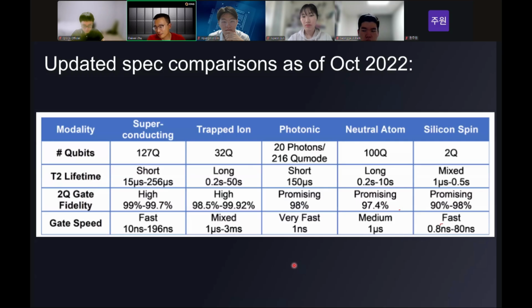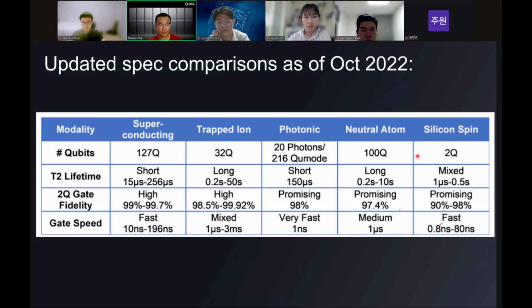So it's something people like to ask about, like what is the best quantum computer. As of 2022, this is their performance, and people like to say, for example, neutral atom and trapped ion have long coherence time, and then you have gate speed. Superconducting qubits have short coherence time, but the gate speed is fast.